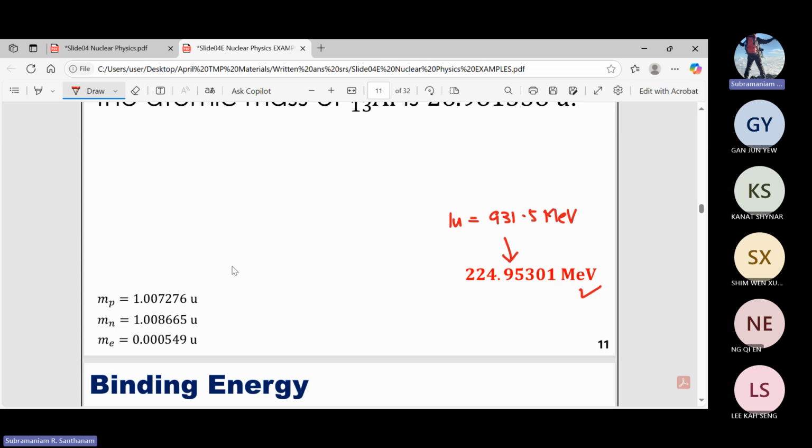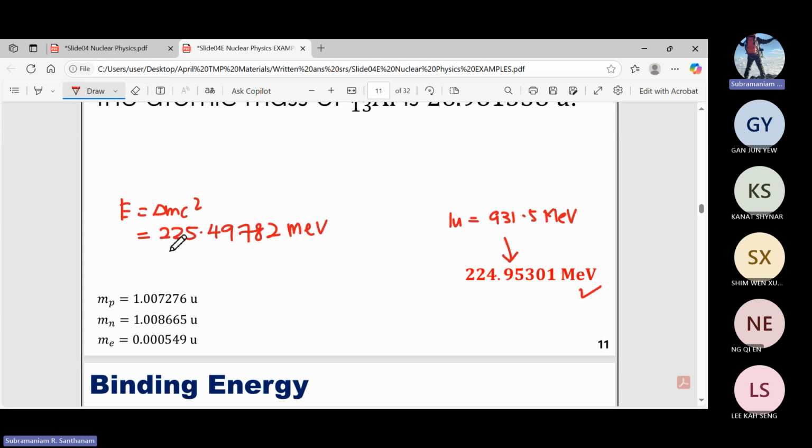But if you use the formula E equals delta m c squared and put the mass in kg, then you will probably end up with a slightly different answer, 225.49782 MeV. So in the exam, no worries.